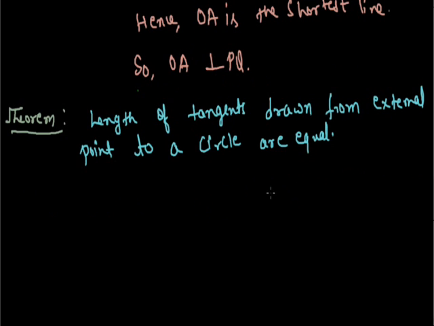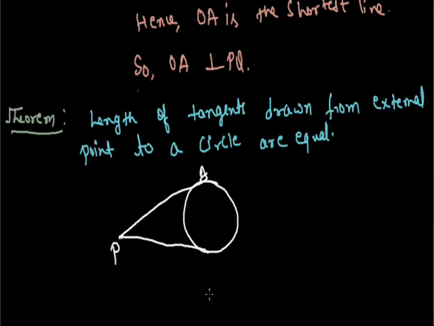Like this, a circle, now this is an external point. There are two tangents PA and PB. So we have to prove that PA equal to PB.